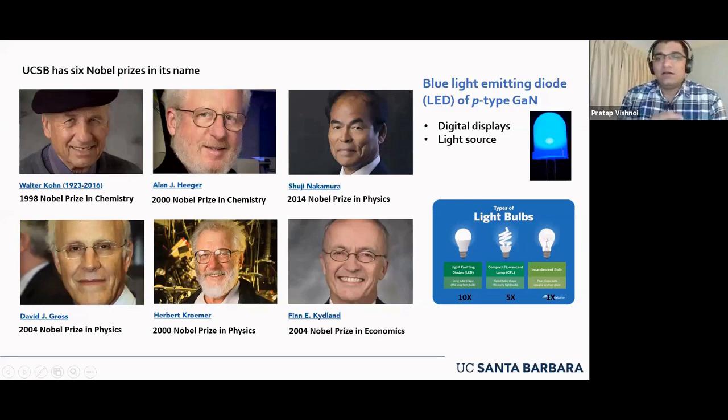Phosphors are the famous luminescent materials that actually emit white light. So you can coat this LED with the phosphor, and the phosphor will absorb this light and emit white light. So that is the way forward. We can have white light in our houses with almost 10 times the energy efficiency.